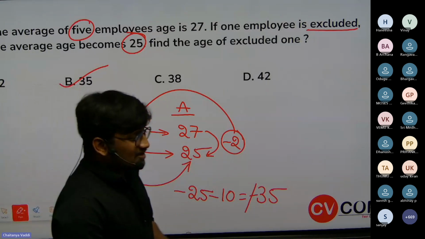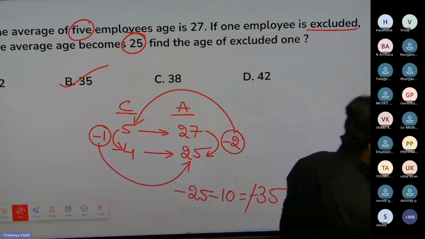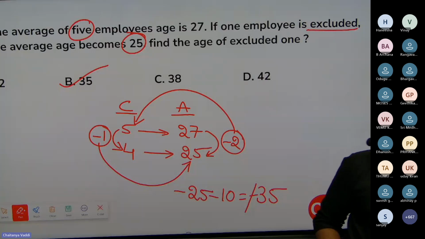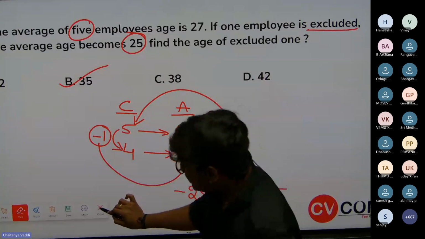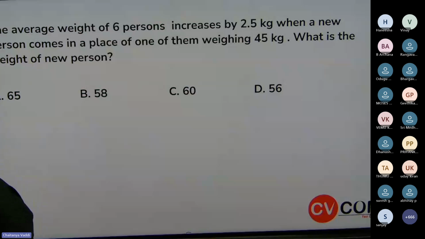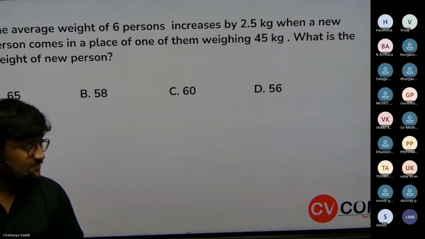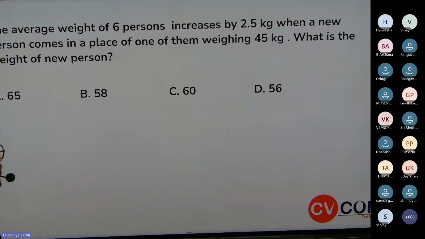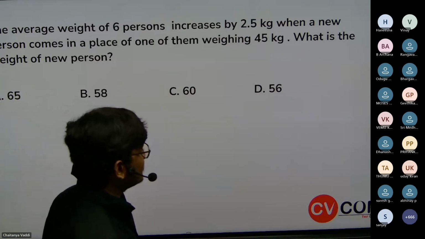Okay, and the last question. In this pattern, the person is getting replaced.